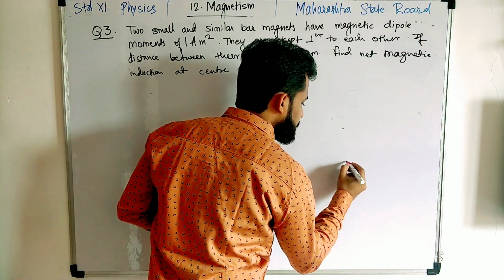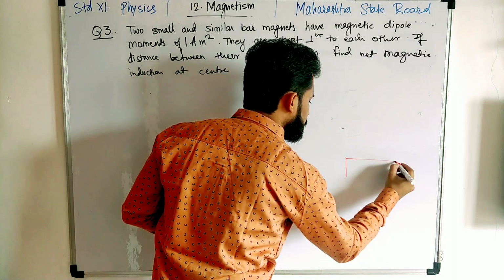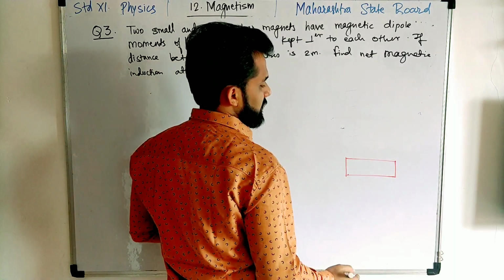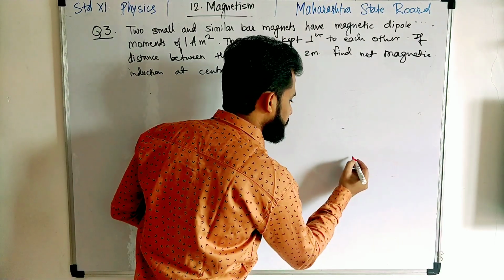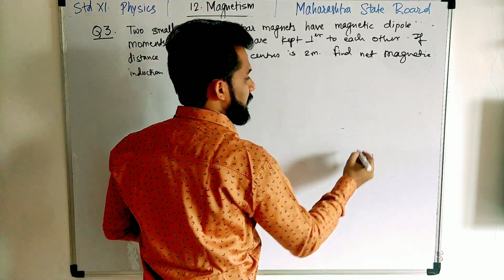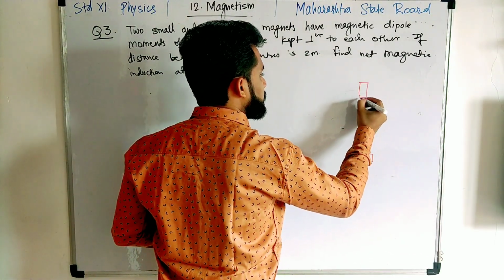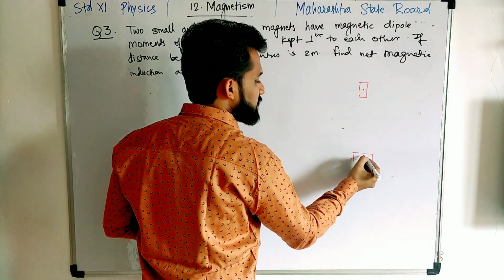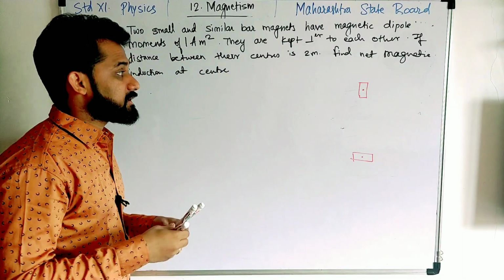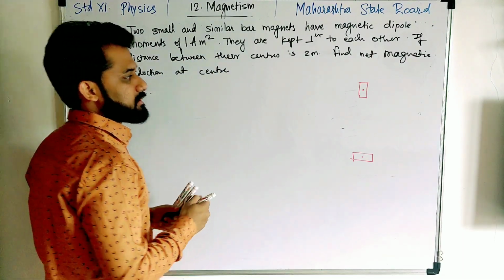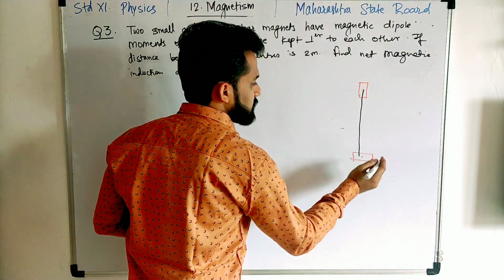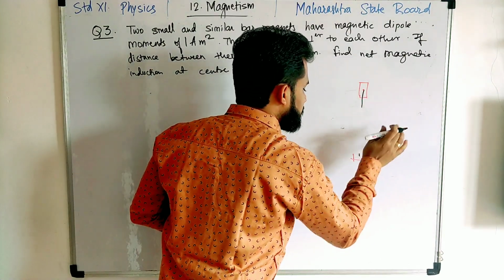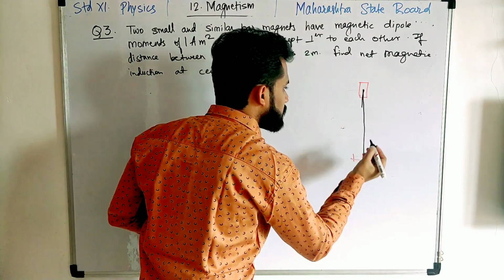So let us say this is the first magnet and the second magnet. They are short magnets. So I will draw the first magnet and the second magnet. They are kept perpendicular to each other such that their center to center distance is how much? Center to center distance is 2 meters. So this distance is 2 meters.